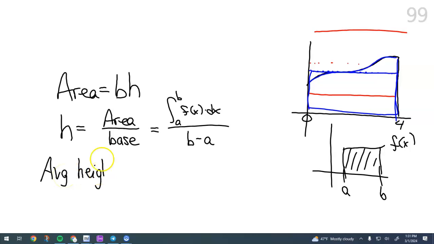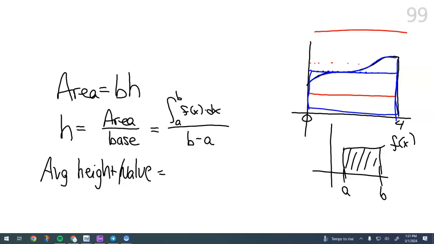So the average height, or the average value, you can say it either way, is this. But I don't write it this way, and I suggest you don't, because what happens is you'll work out the whole problem, but you get sick of writing b minus a on the bottom, so you stop, and you're like, oh, I'll just put it back in at the end, but then you forget.